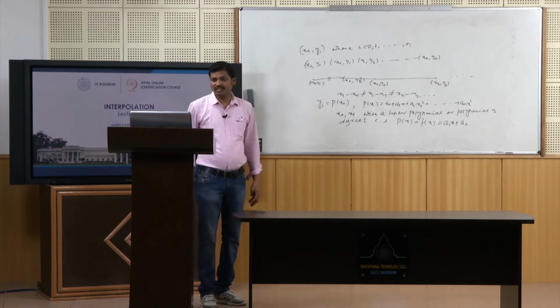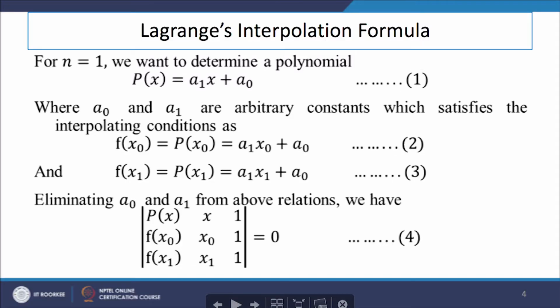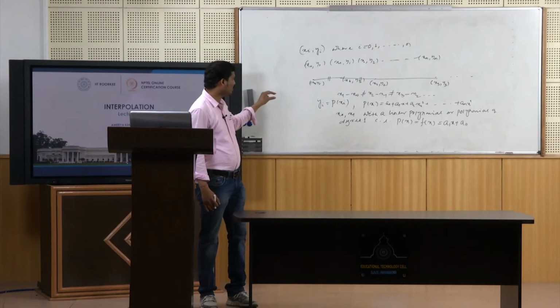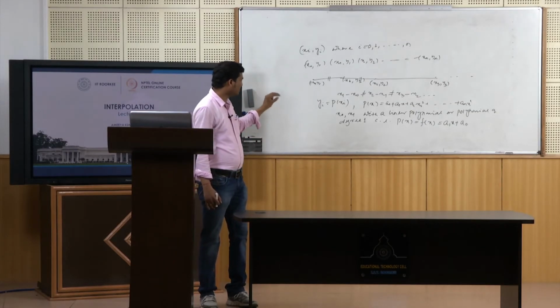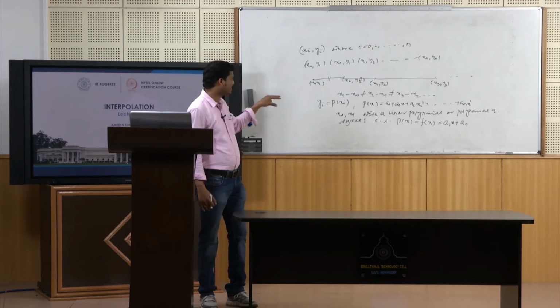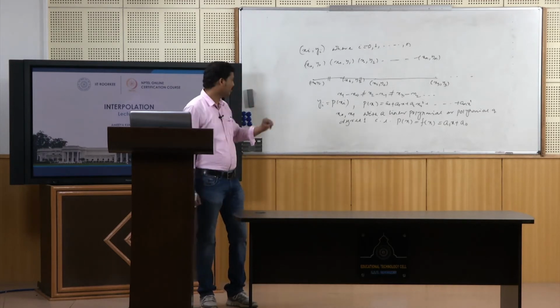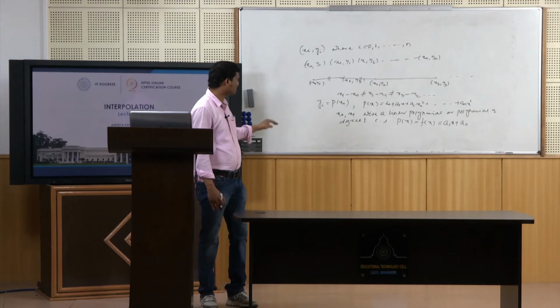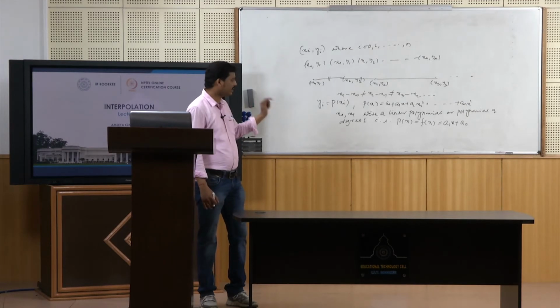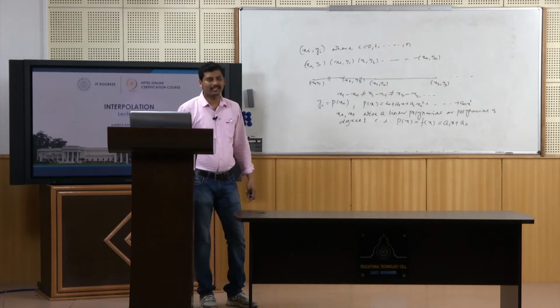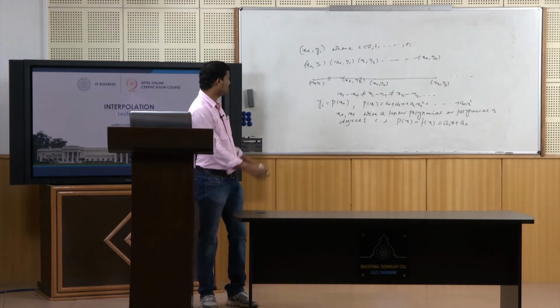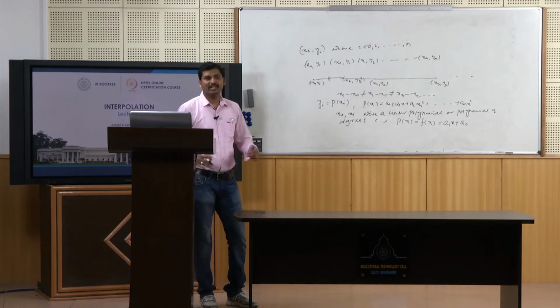From this we have to consider three equations, starting with p of x. Then if we put x equals x0, p of x is exactly equal to f of x, or at x equals x1, p of x is exactly equal to f of x here, then we can eliminate these coefficients a0 and a1 in the polynomial form.